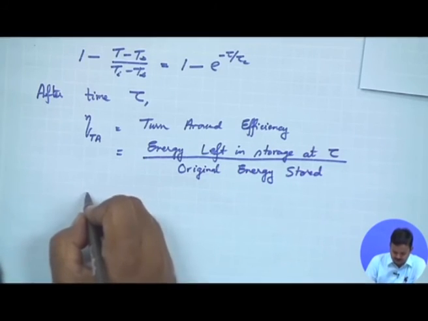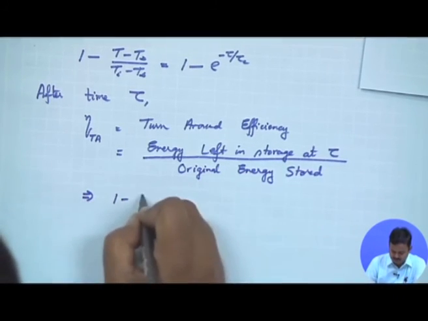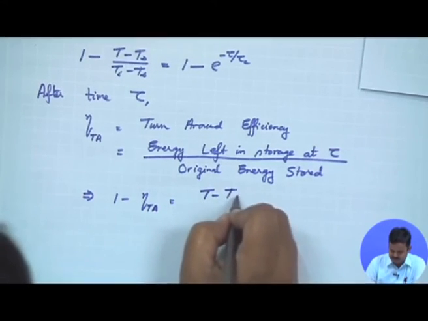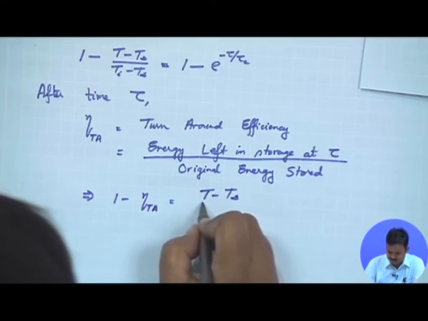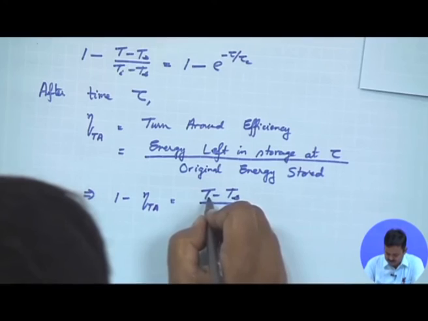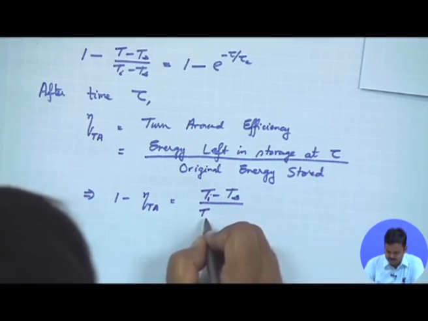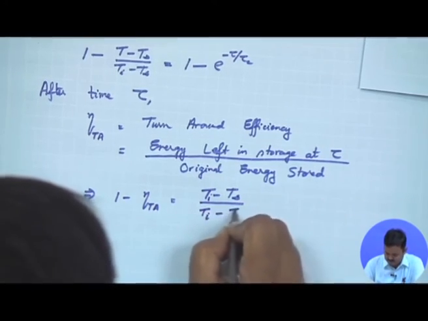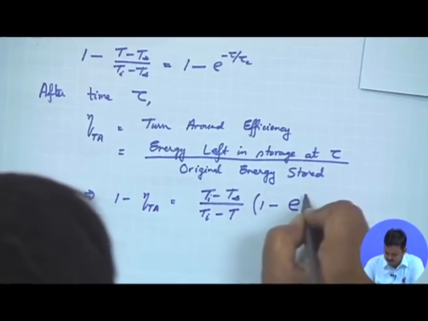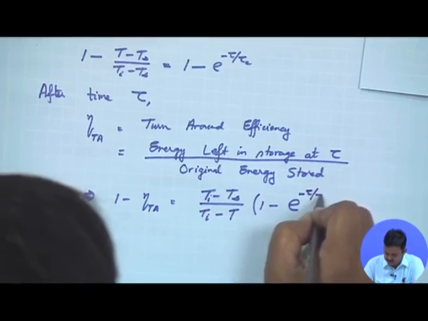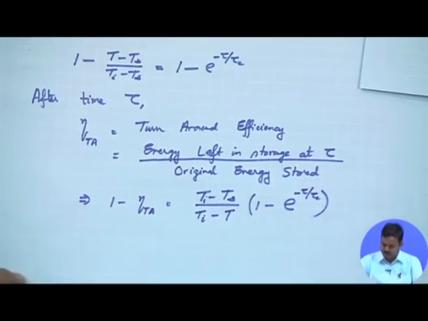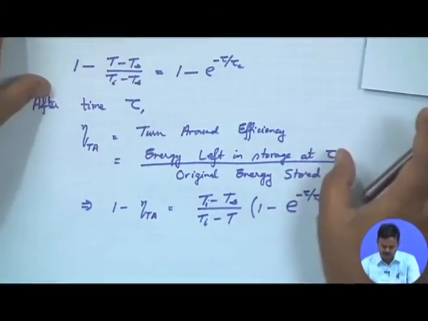Okay. And it can be shown that 1 minus eta t over A is going to be T minus T infinity divided by, or T I minus T infinity divided by T I minus T at that time, 1 minus e to the power minus tau by tau c. Okay. And if I have to plot it graphically, it would come out to be something like this.